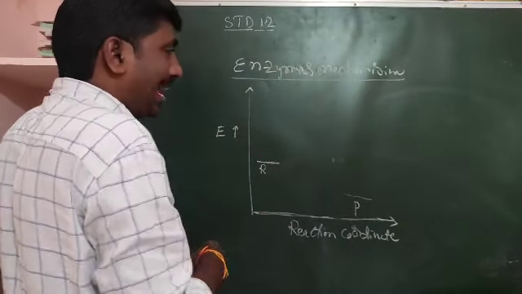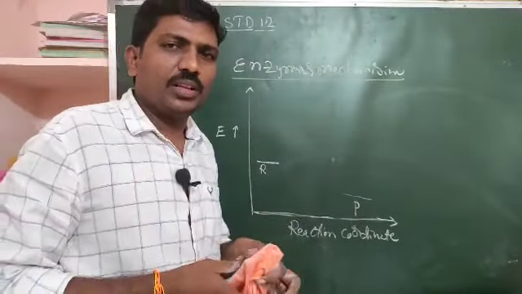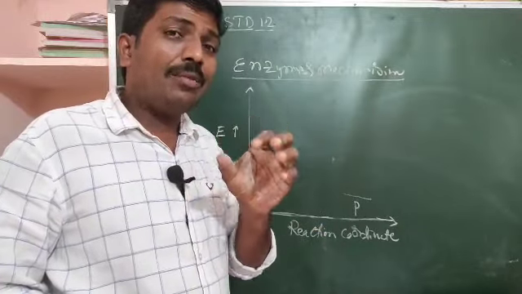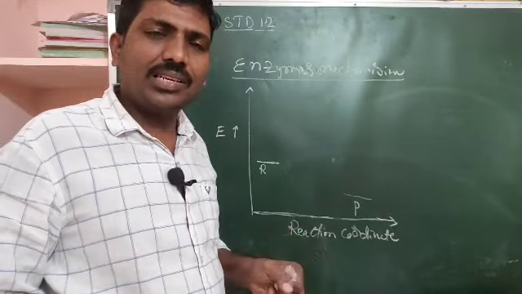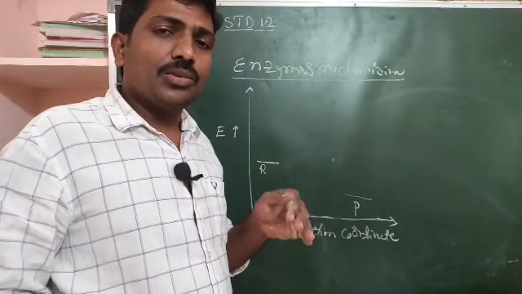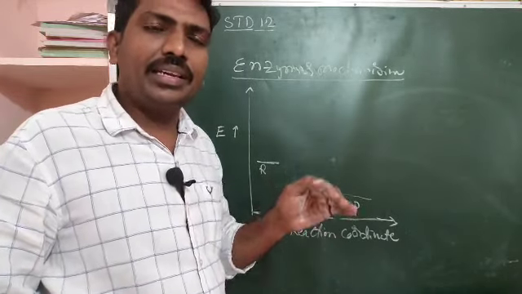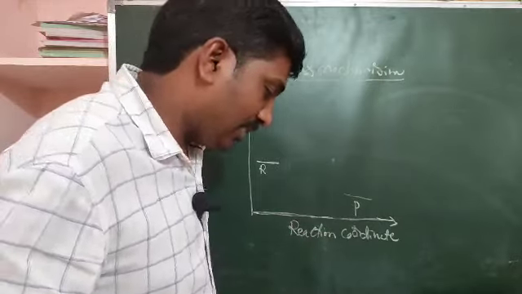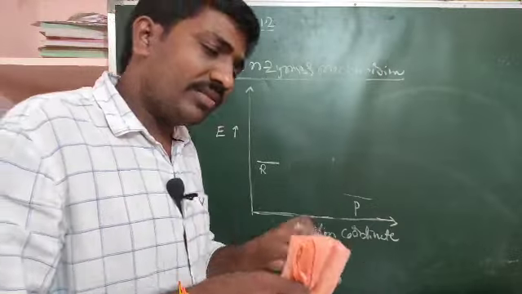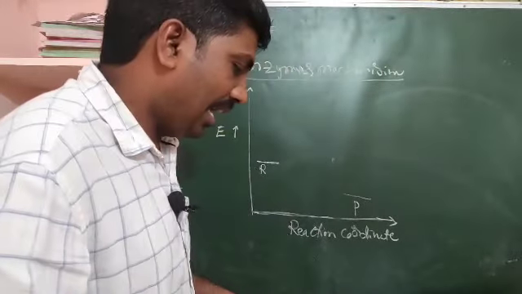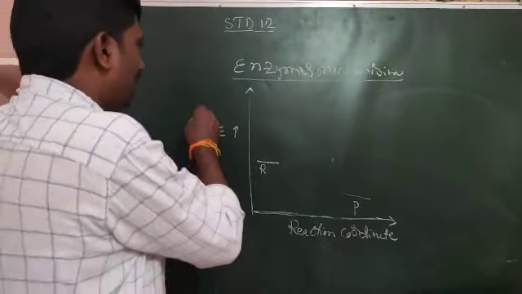About activation energy: with the help of enzymes, the rate of reaction increases, and the activation energy decreases. That means enzymes increase the rate of the reaction by lowering the activation energy.